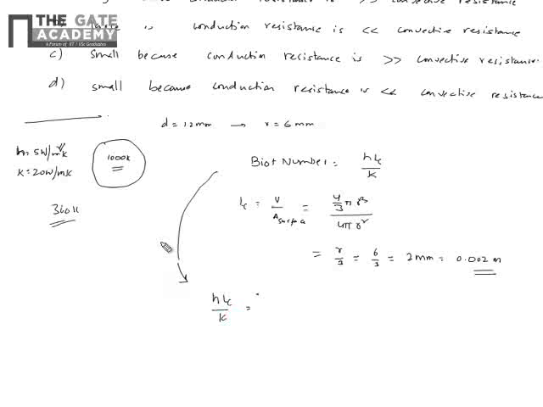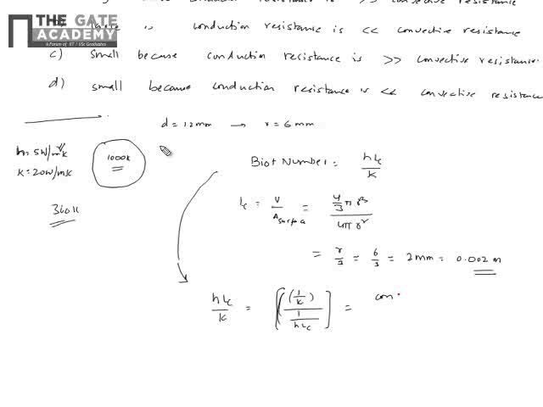Now the other way of viewing Biot number: it can be written as h Lc by k, which I can write as (1 by k) divided by (1 by h Lc). Because k dictates your conduction within the steel ball, the higher the k, the higher your conductivity and the lesser your conductive resistance.